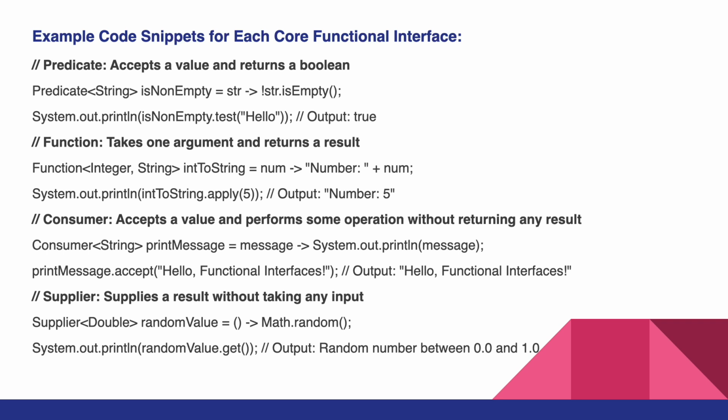Consumer accepts a value and performs some operation on it without returning any result, whereas Supplier provides a value without taking any arguments.